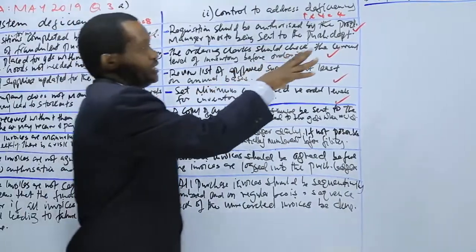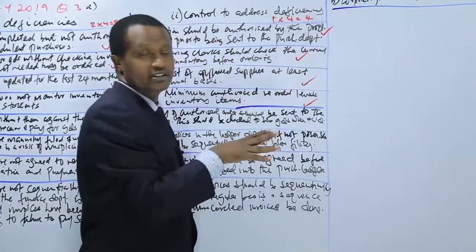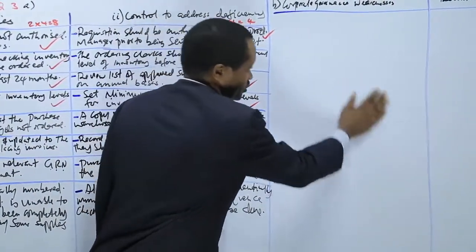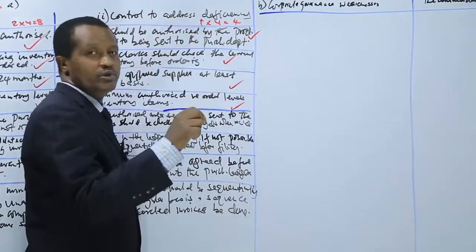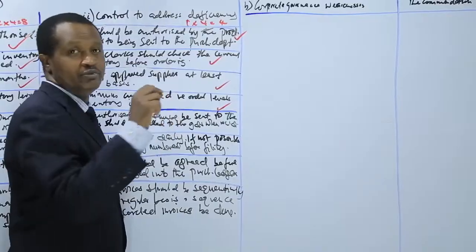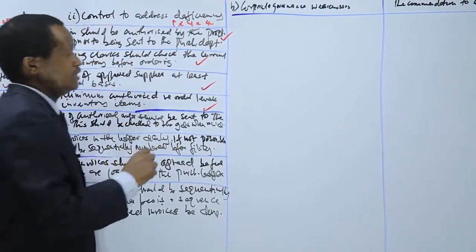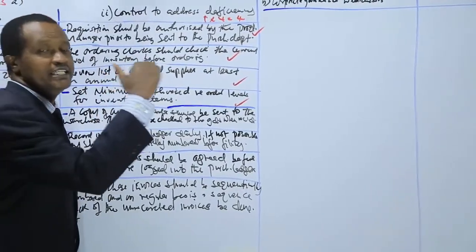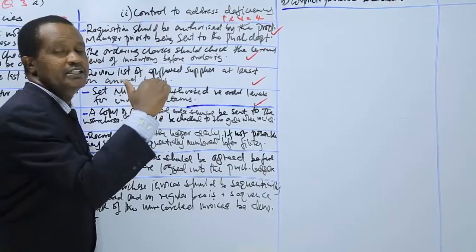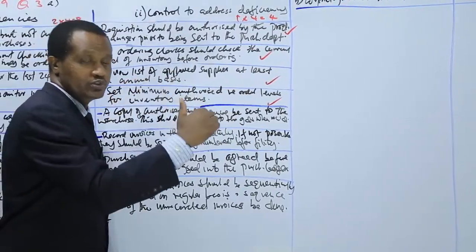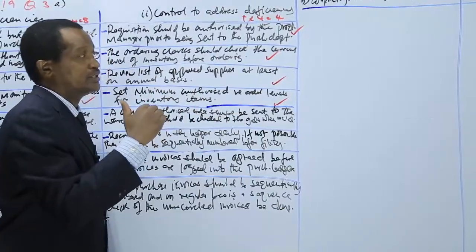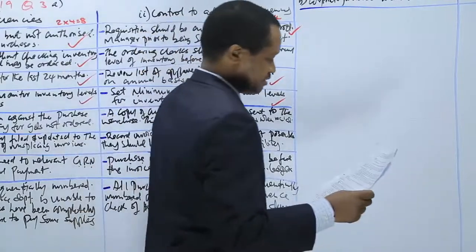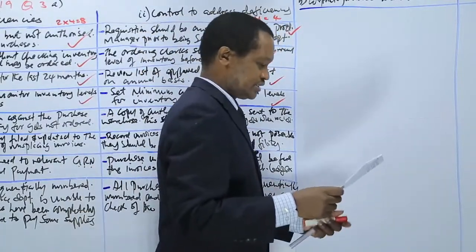Here, the weaknesses are in relation to corporate governance. So candidates, there is no way a candidate can answer this question without having knowledge in corporate governance principles. In the same way, there is no way you could answer part A without having knowledge of the ideal controls in a purchasing system. So let's go ahead and point out the weaknesses.